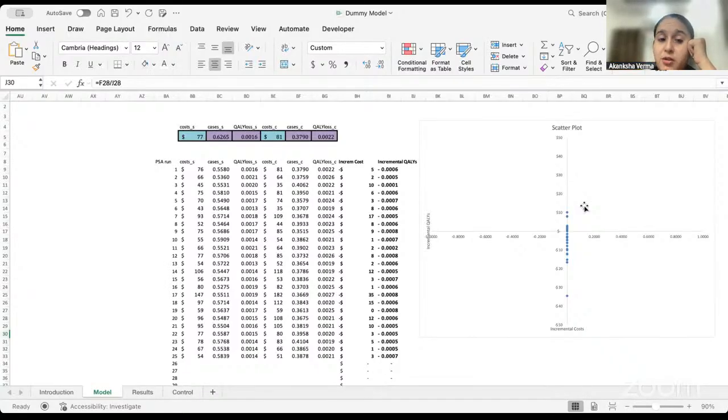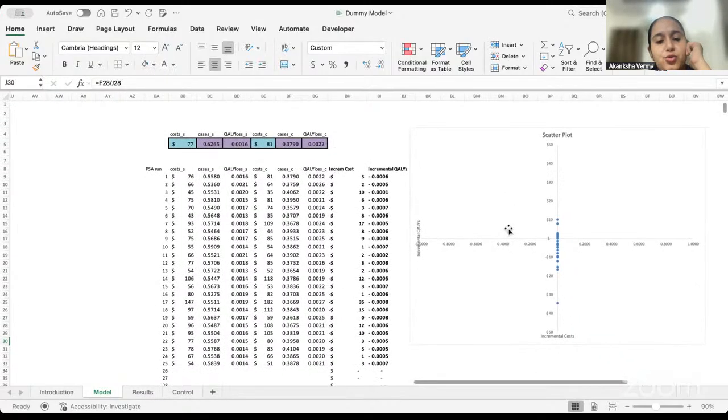The inputs going into the model are not very credible. You need to look for further sources and further information on your inputs. Okay, so this is why you do the PSA.